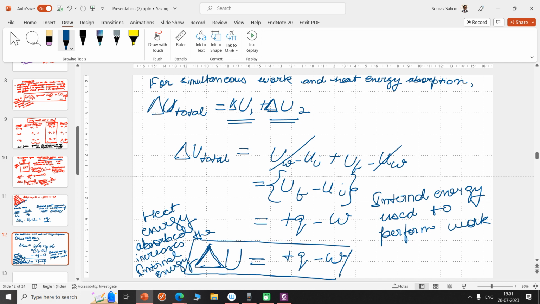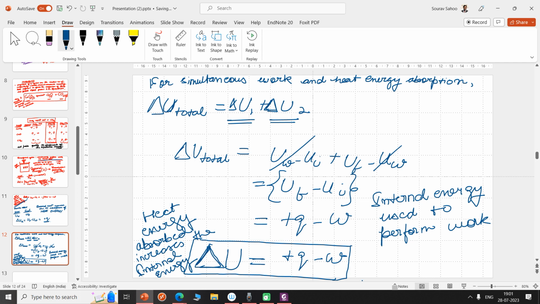So now that we have seen from the first law of thermodynamics that we have a change in internal energy because of simultaneous heat and work, that is either done by the system or the energy absorbed by the system.